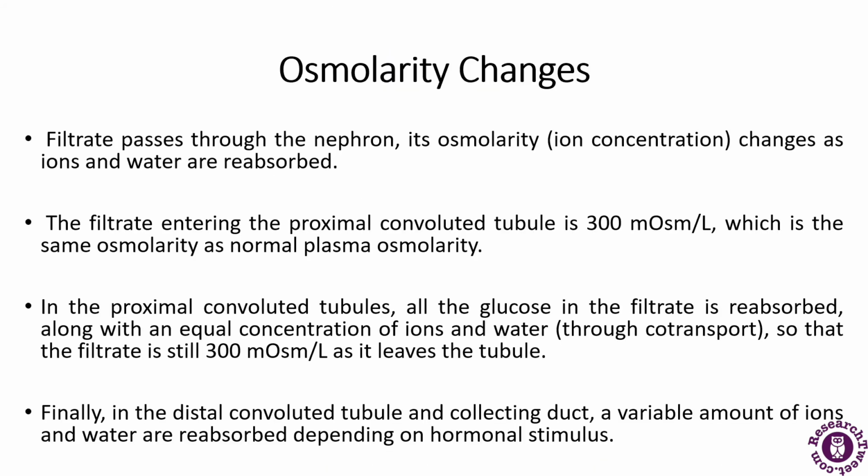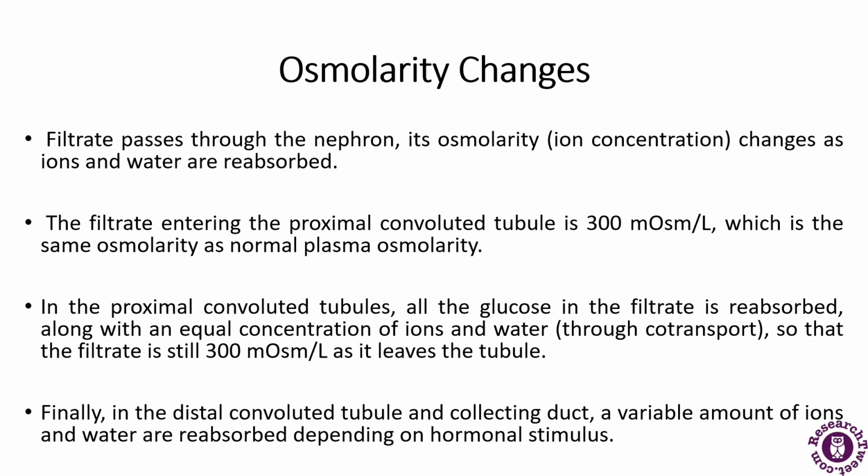Now, about the osmolarity changes. The main motive of this topic is the mechanism of the filtrate. As the filtrate passes through the nephron, its osmolarity changes as ions and water are reabsorbed.